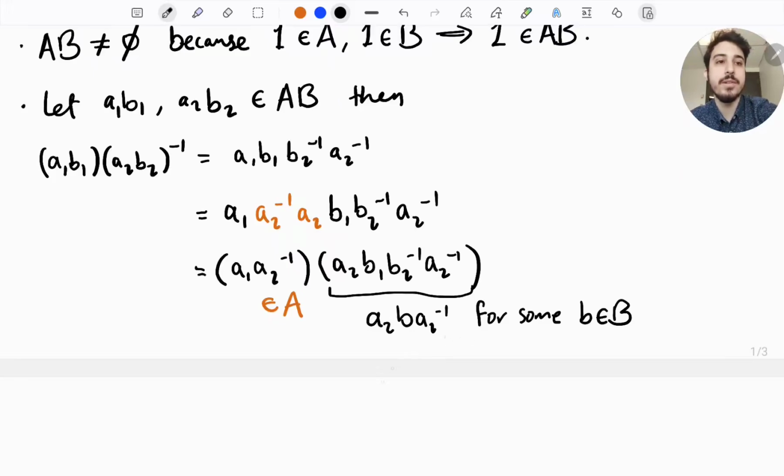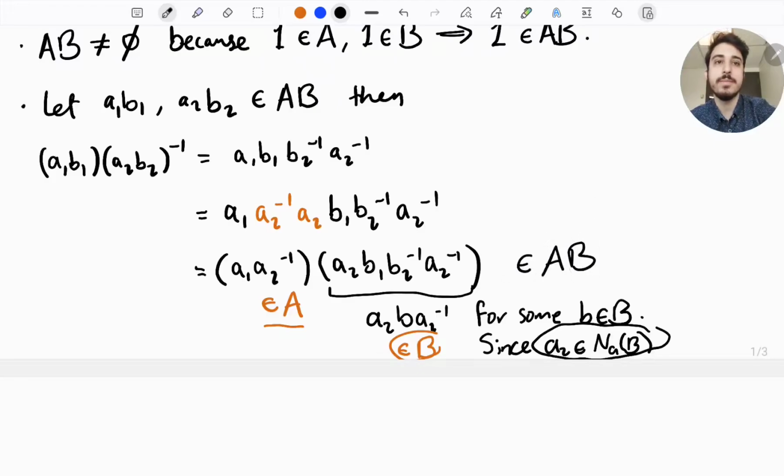And now, because a2 and a2 inverse are in the normalizer of B, then if we take the conjugate of b by a2, we need to get back an element inside B, because this is the definition of what a normalizer is. The conjugate is still inside the set B. So this is an element in B. So we just have an element in A times an element in B. So this means this whole element is in AB. We've just succeeded in proving that AB is a subgroup.